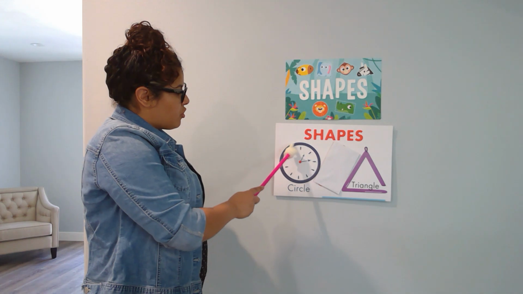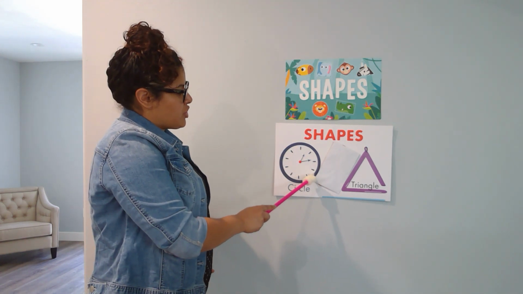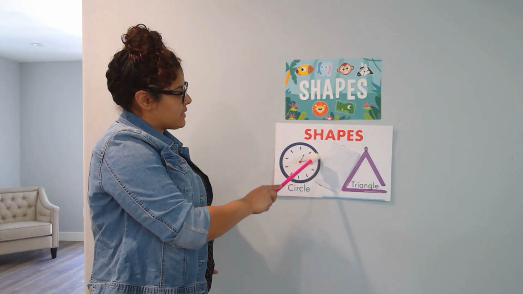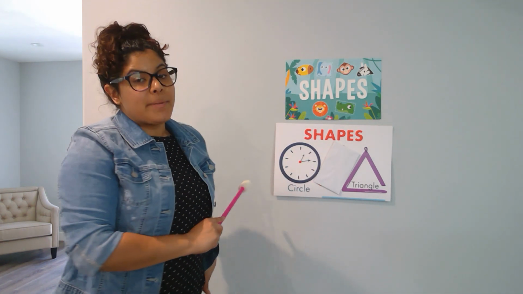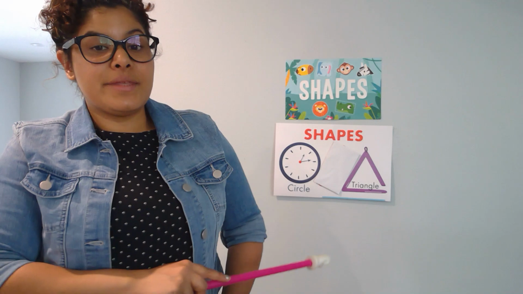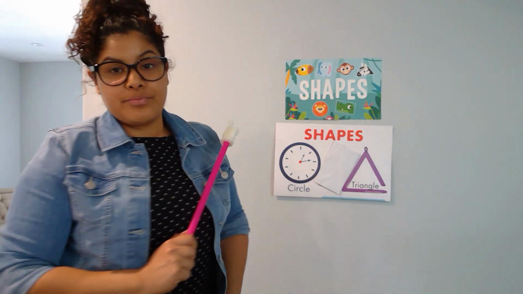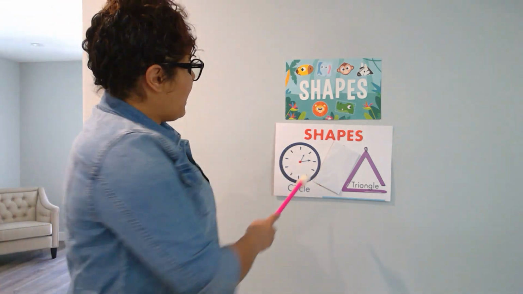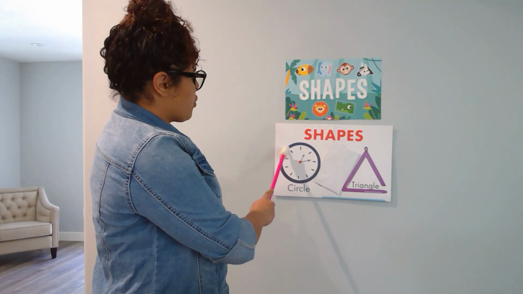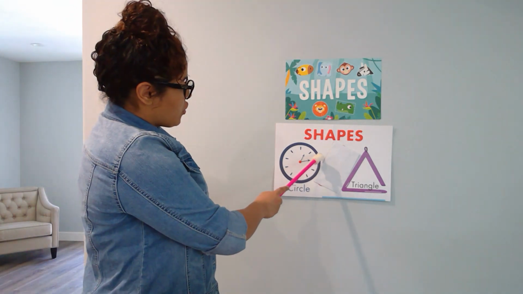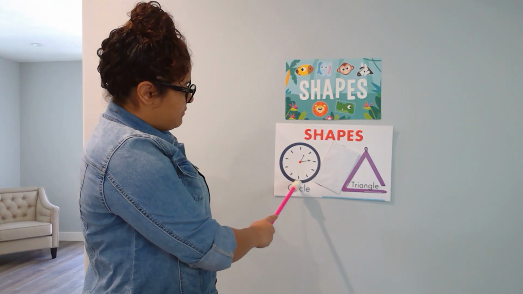First of all, the circle is a closed shape. It does not have any openings. It has a continuous line, but the line is different. The line is not straight, okay? The line here is curved. So a circle has a curved line.